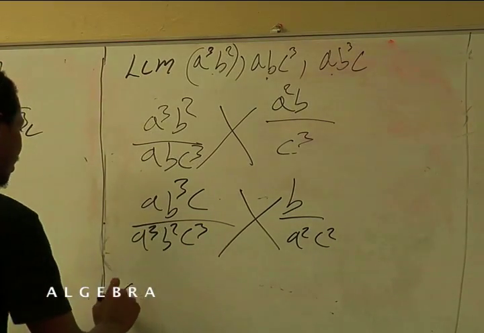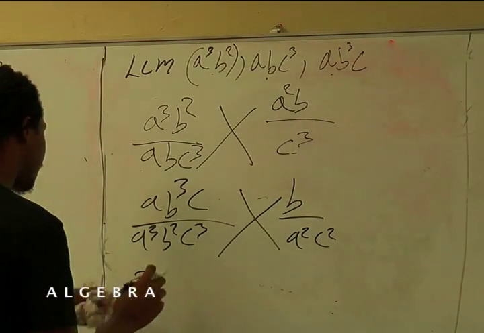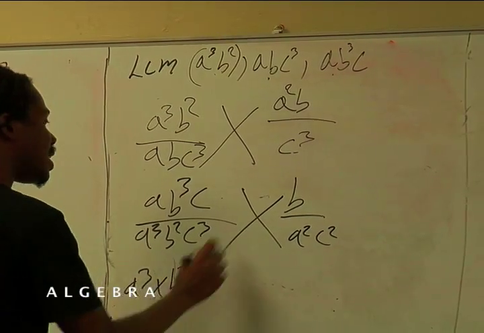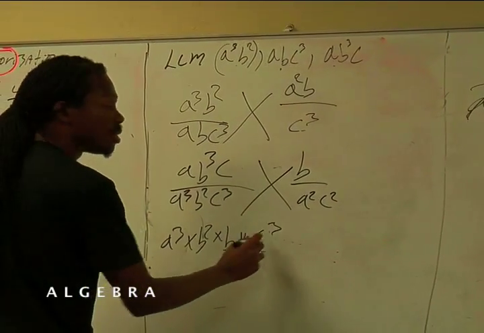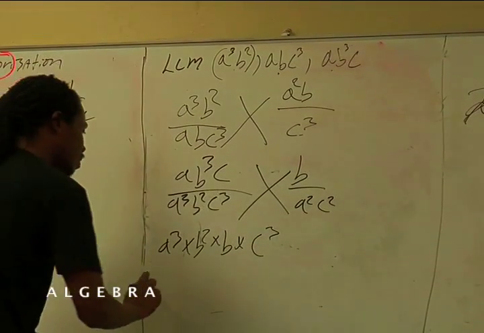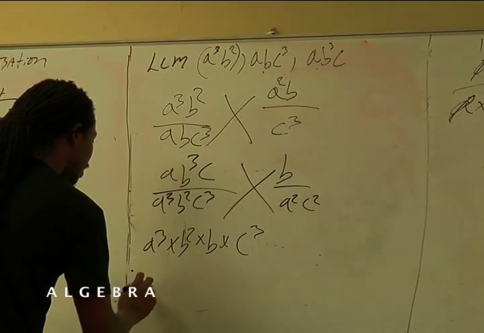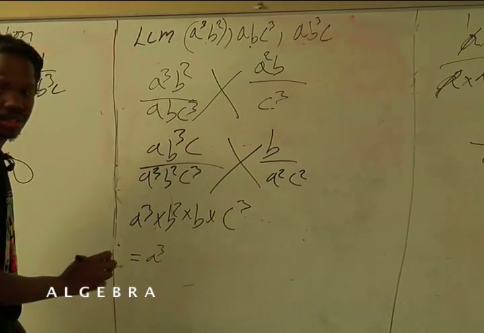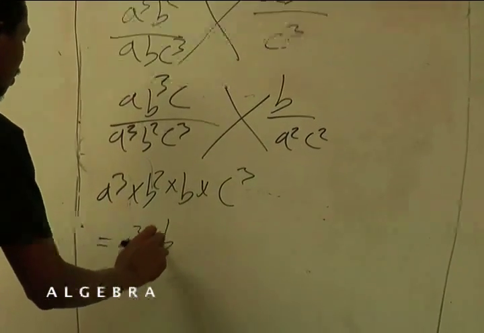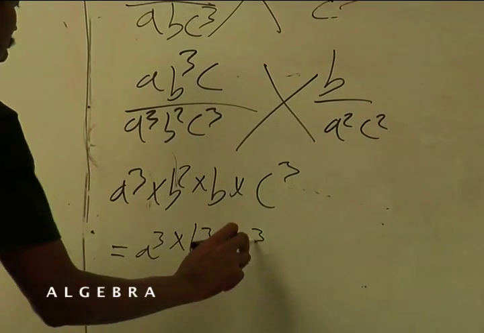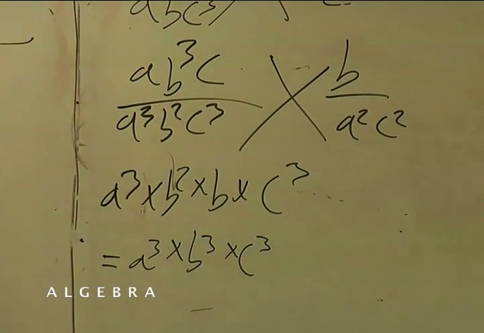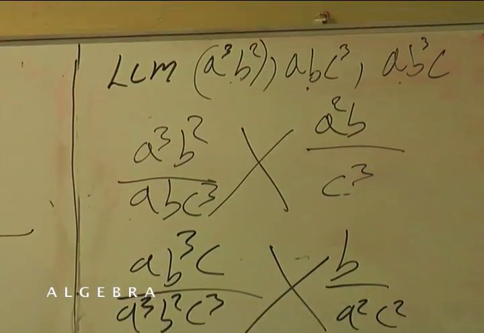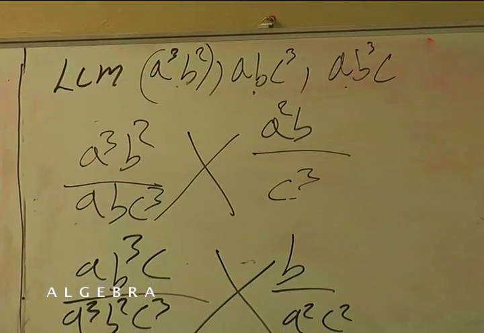So therefore I'm going to have A cube times B square times B times C cube. You see it? Equal A cube times B cube times C cube. LCM is A cube B cube C cube.